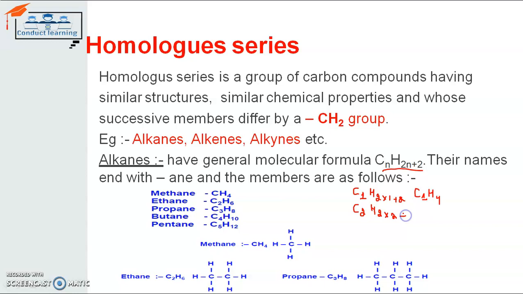So instead of writing n we will write the value of n here, which is 2. So the number of hydrogen atoms will be 2 into 2 is 4, plus 2 is 6. So the number of hydrogen atoms in ethane will be 6, and accordingly the chemical formula will be C2H6. In this way we can derive the formula for propane, butane and pentane and up to hexane, heptane from the molecular formula for alkane.